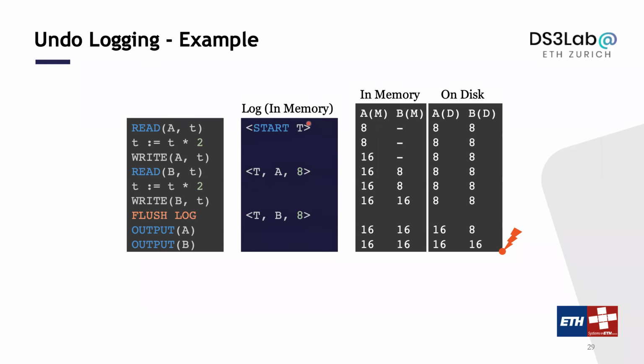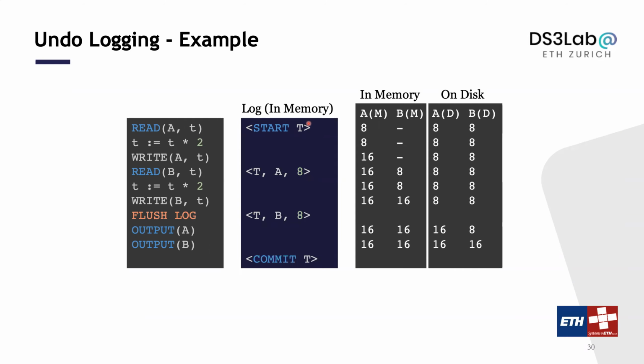Well, the same thing, right? You are going to abort this transaction because you have no idea whether it's finished or not. So I'm going to look back on my log from the tail to the head, undo B, undo A using the old values, and then abort T, okay?